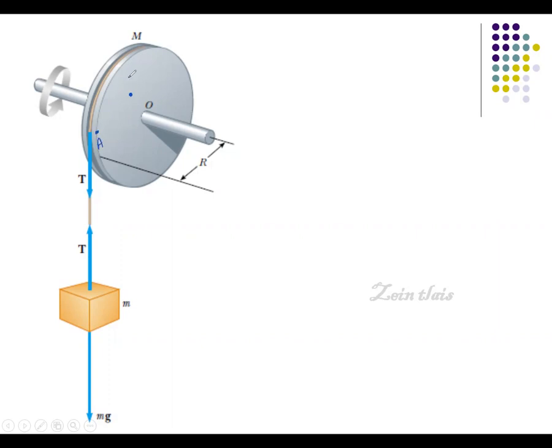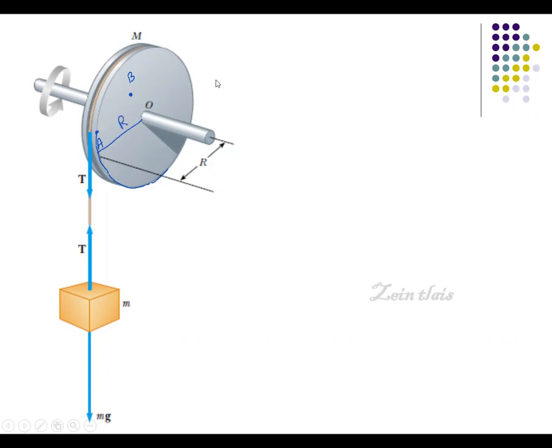We have point A, and here we have point B. If we have a rotation, A will do a circular rotation of radius equal to r.